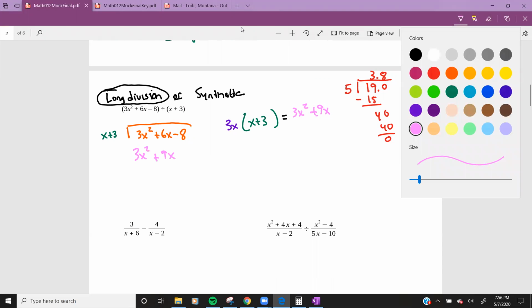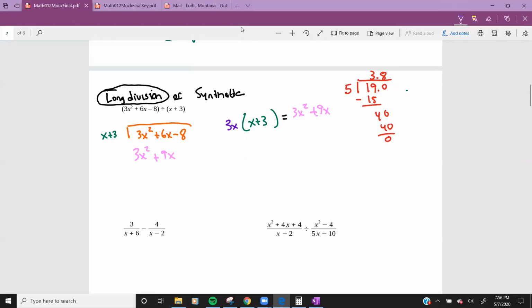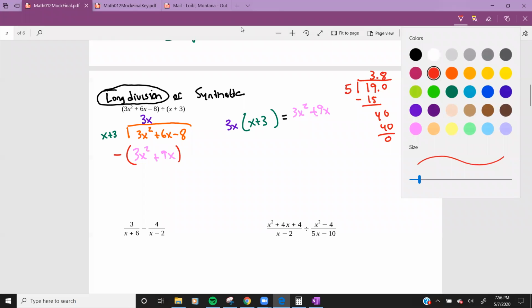And that is because our first term here that we're dividing into is 3x, because 3x times this x plus 3 is going to give us this term. So now we can subtract it. Our goal is to subtract this and kind of move down. We don't want to be dealing with this x squared.